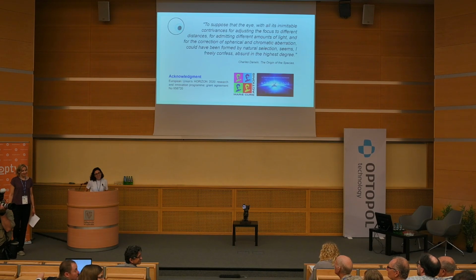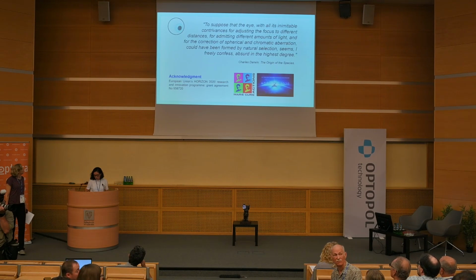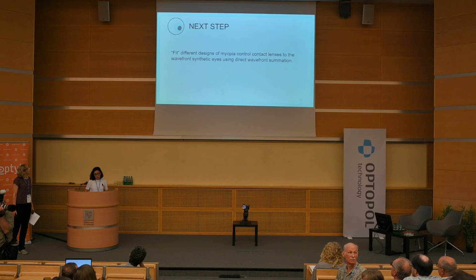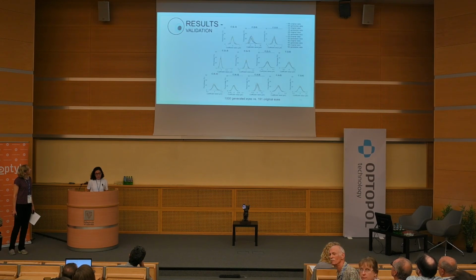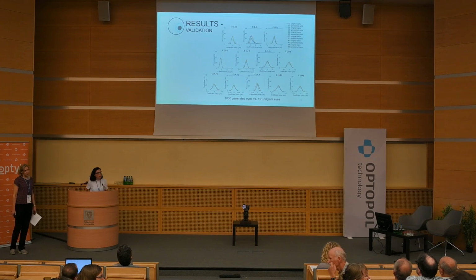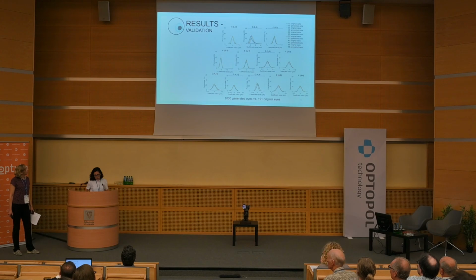That's a lovely talk, thanks. But could you go back a couple of slides to the comparisons you made with original data and generated data? That one. I think this is really fascinating. Unless I'm not seeing it properly, it seems like the original data has a sharper peak and the generated data has a more gradual peak. Is that right, or is it just that I can't see it well enough?